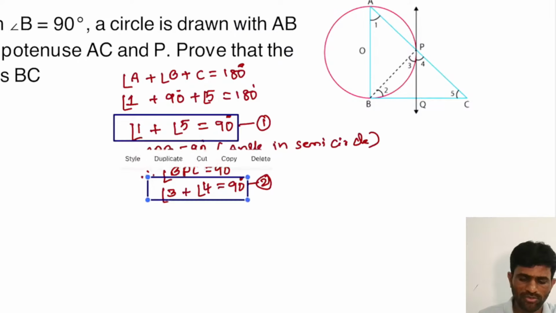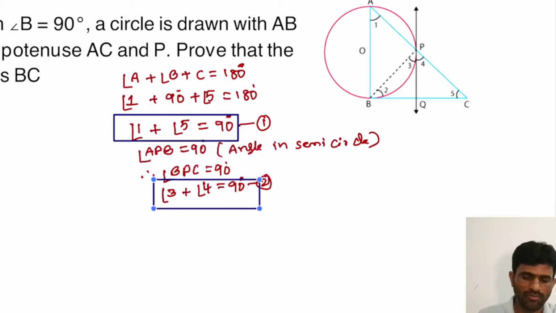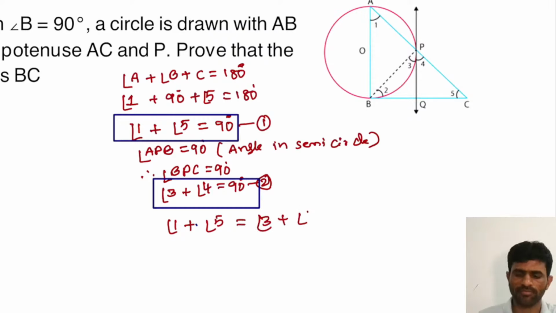So from these two, we can write angle 1 plus angle 5 is equal to angle 3 plus angle 4. And one more important piece of information, angle 3 is equal to angle 1.